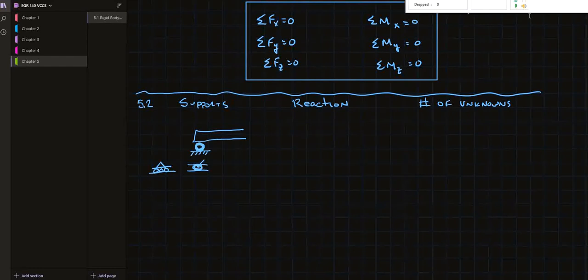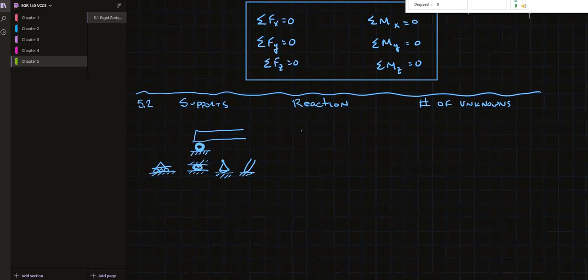You're not getting any movement in the y direction. Also it could be represented by a rocker, or just a member touching the ground. In all these cases, there is no friction on the surface that is rolling.